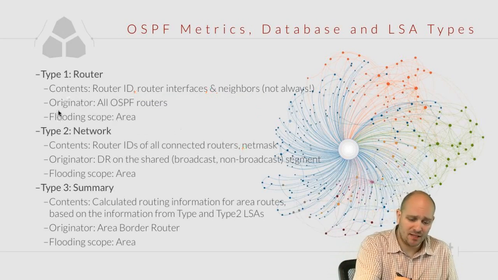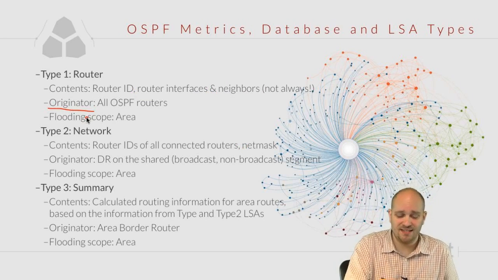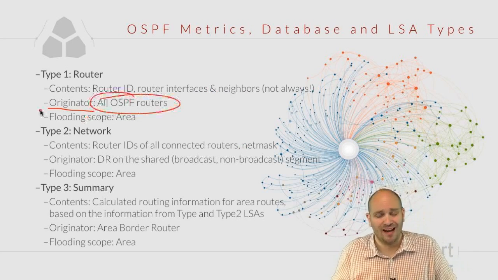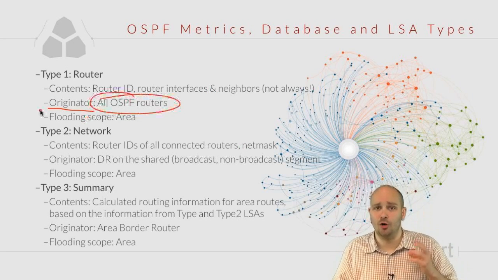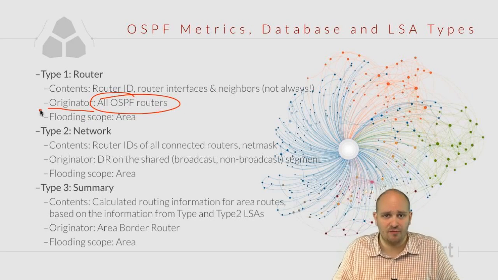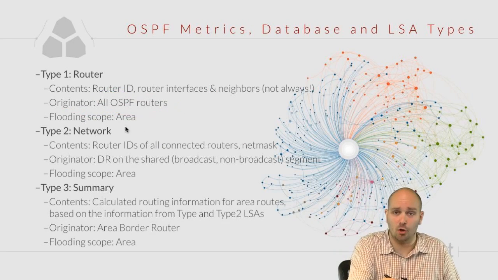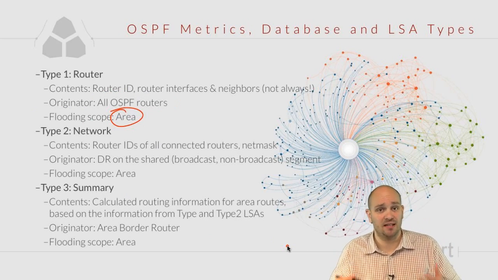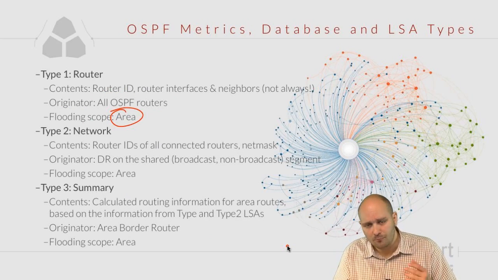And as I said, the originator of this LSA will be every single router in OSPF domain. So every router in the OSPF domain will generate their own type 1 LSA and list this important information in it. The flooding scope of type 1 LSA is going to be an area. So type 1 LSAs cannot leave individual areas.